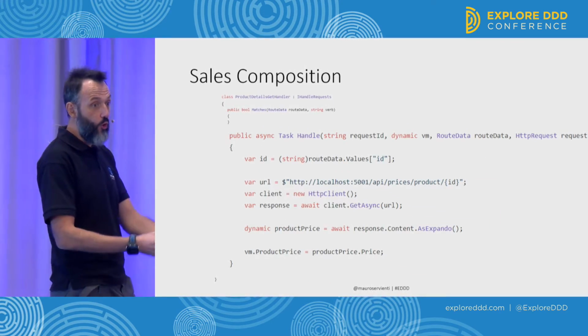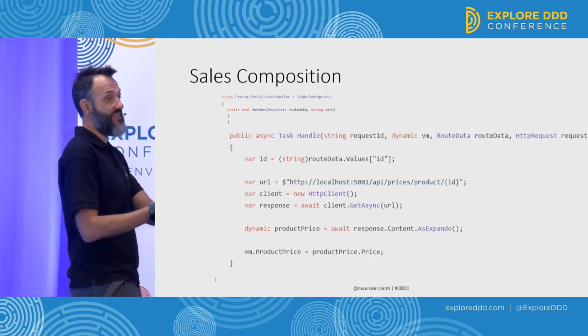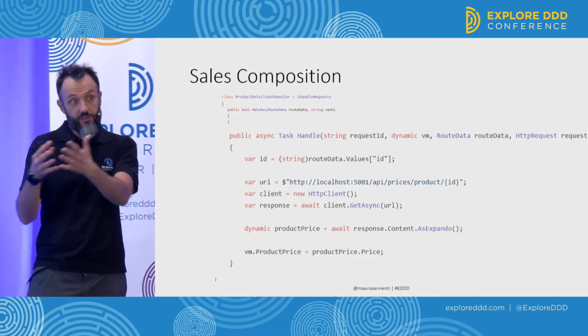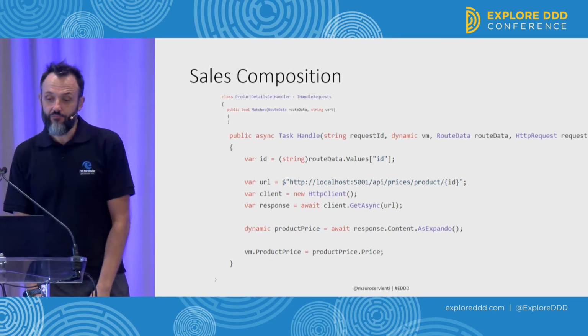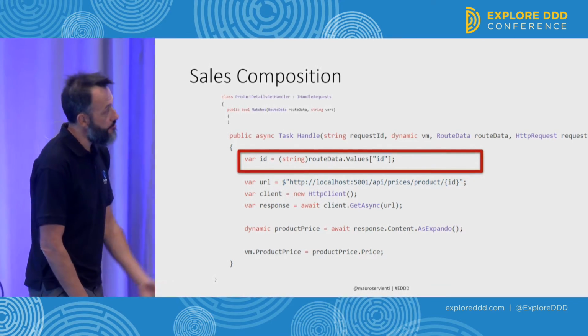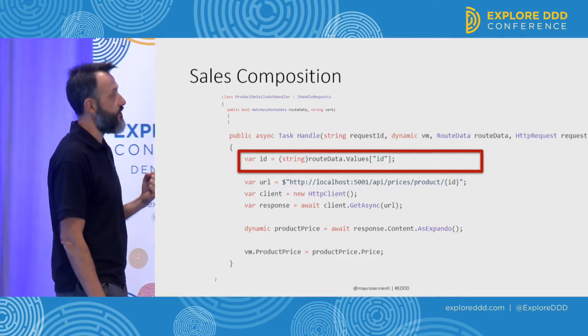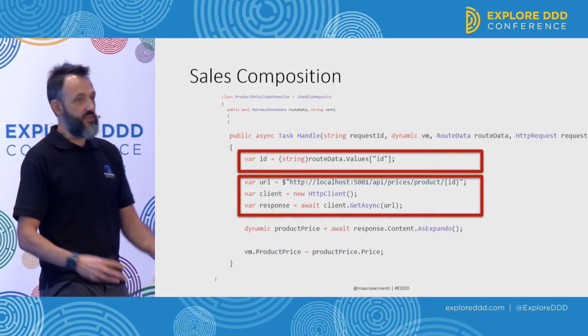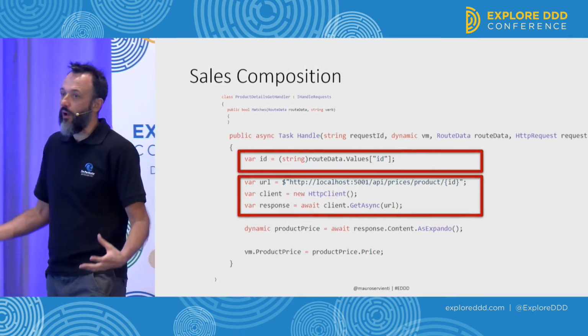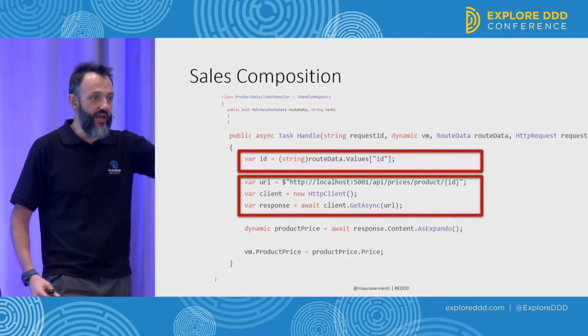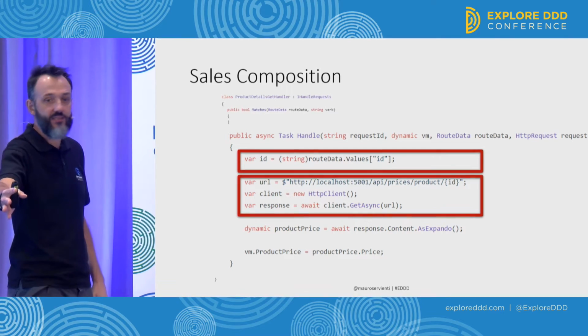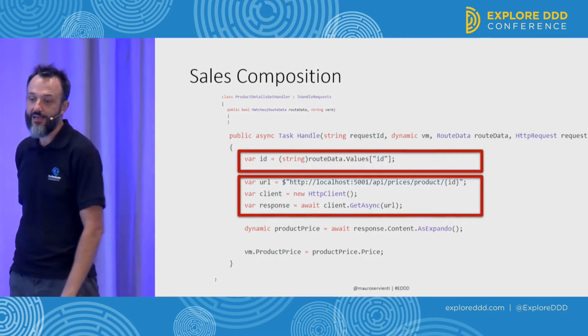At this point, for all the instances that replied yes to the matching request, the infrastructure will call, please handle this request. And what's happening here is that we're basically extracting the identifier from the URL. We're setting up another HTTP request, but it can be whatever we want. We can go on disk, we can go to a cache, we can go directly to a database. It doesn't really matter at this point.